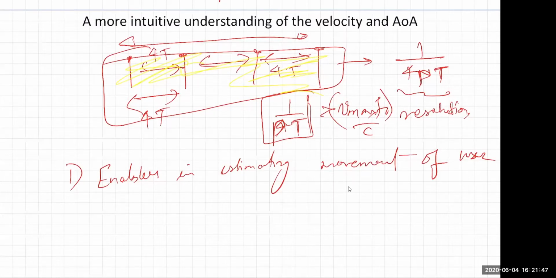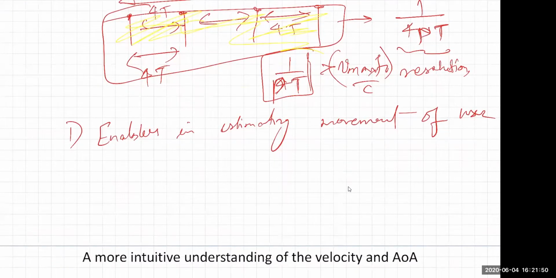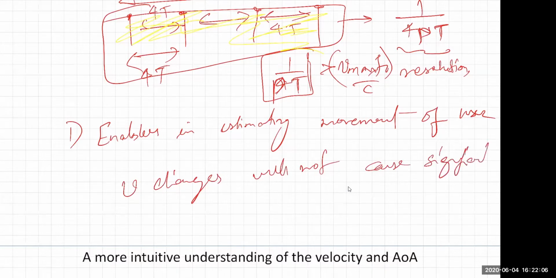Now, intuitively, it makes sense that velocity will change slowly. Velocity changes will not cause significant phase, sorry, no significant phase. Velocity changes will not cause significant.